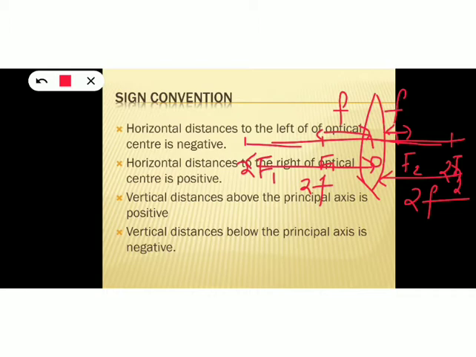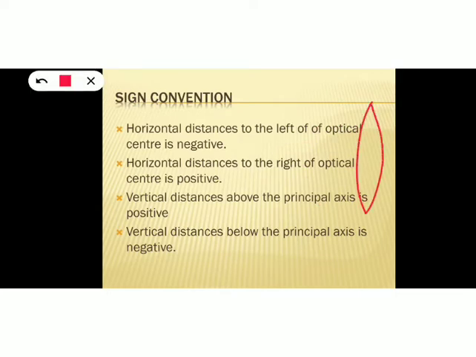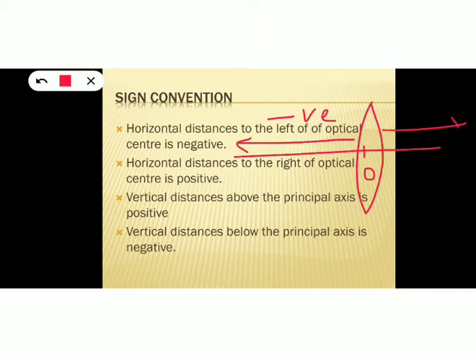So here horizontal distances to the left of the optical center are negative. That means if we consider this as our convex lens and this as our optical center, all the horizontal distances taken to the left of the optical center will be negative, and all the horizontal distances taken to the right of the optical center will be positive.